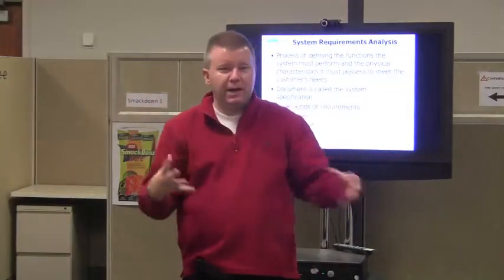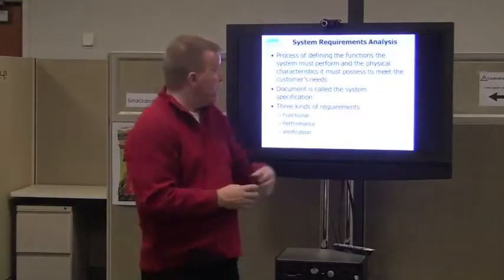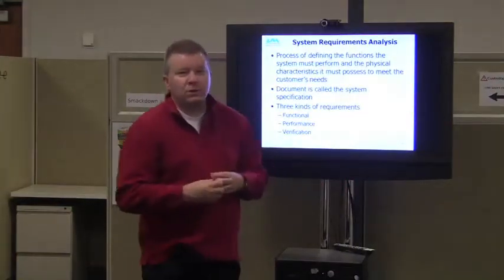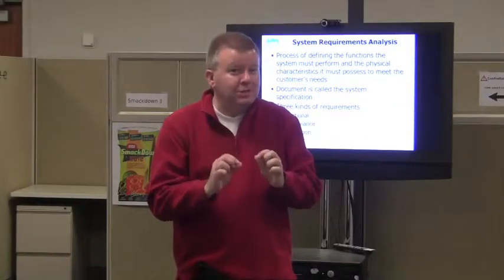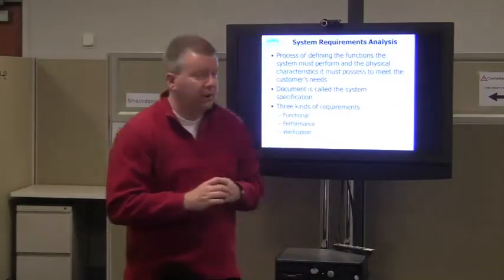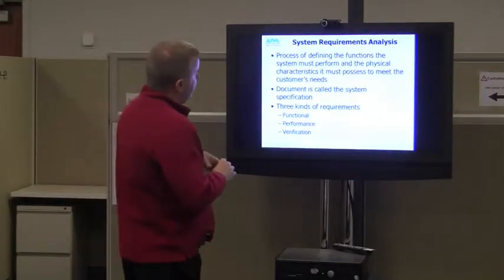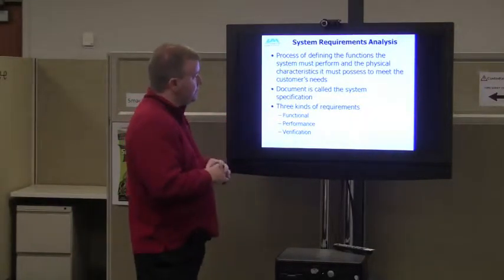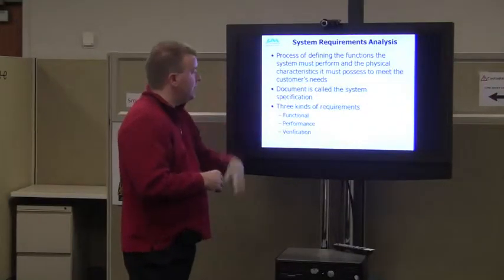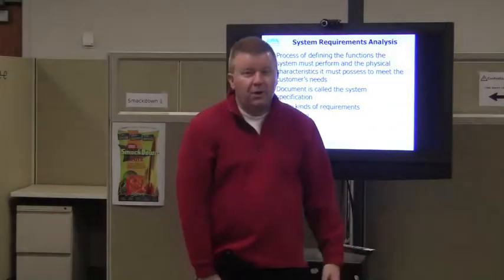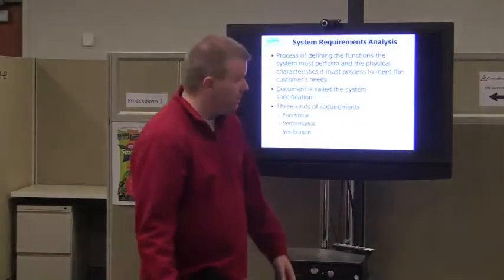It can only be this big, it can only weigh this much, it can only do that. That's the physical stuff. Then what must it do? You don't need what it could do, you want what it must do in order to achieve the need. So the document they call the system specification is what this does. All these functions and all these characteristics, I call that the system spec or the SRD, the system requirements document.